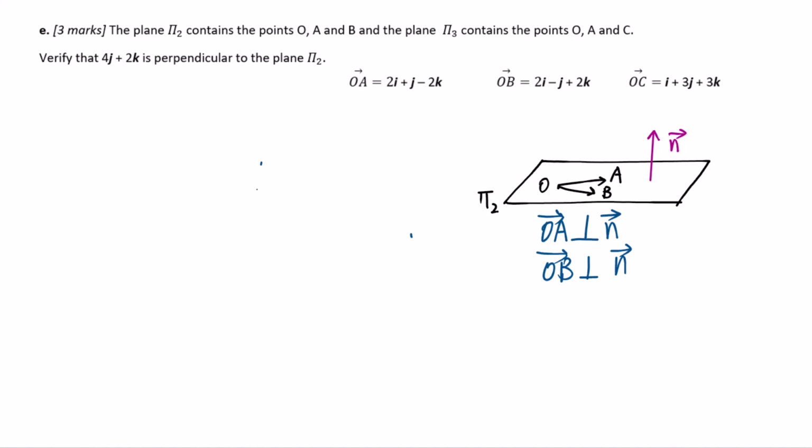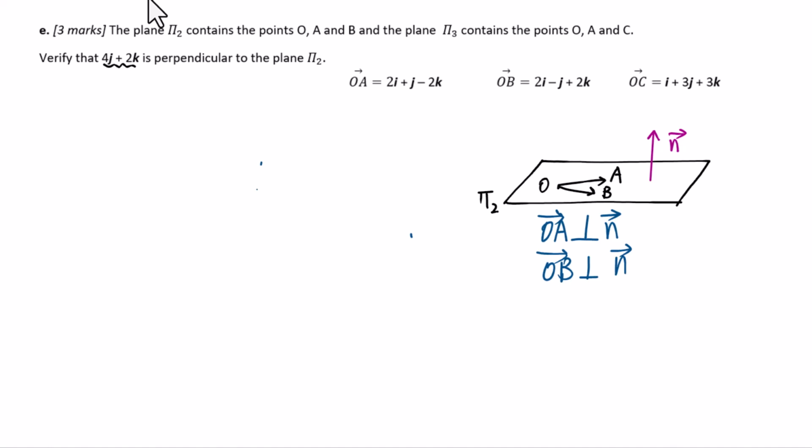Let's go to E. The plane pi2 contains the points O, A, and B, and the plane pi3 contains the points O, A, and C. Verify this vector is perpendicular to the plane pi2. Suppose this vector n is a normal vector to the plane pi2. We do know vector OA and OB are in the plane pi2.